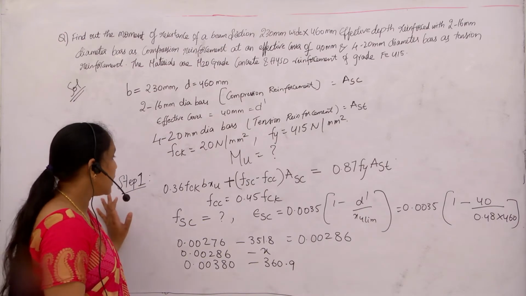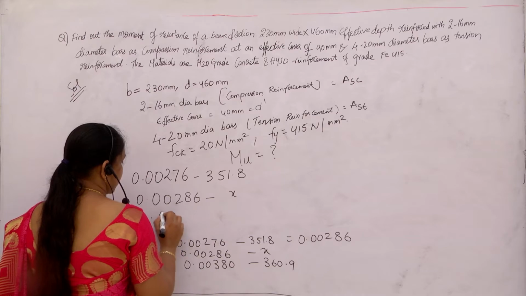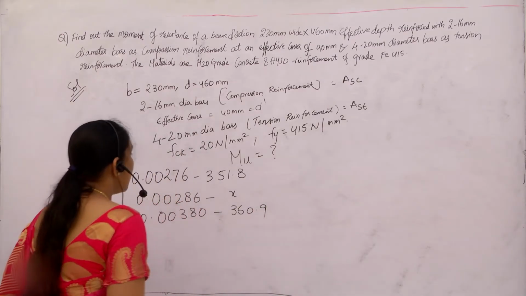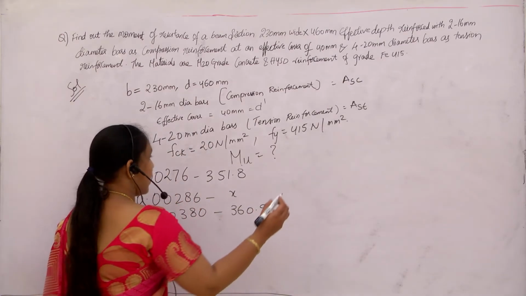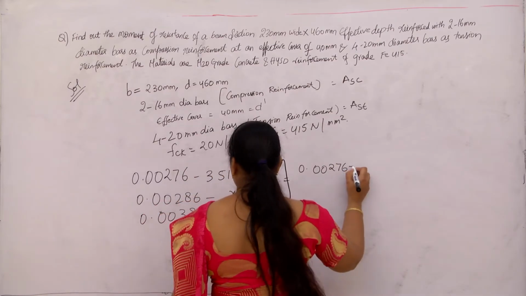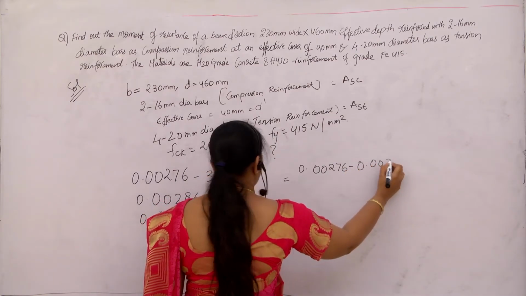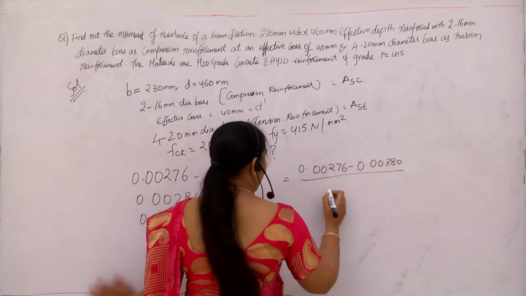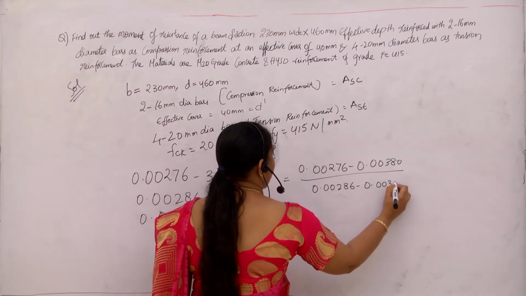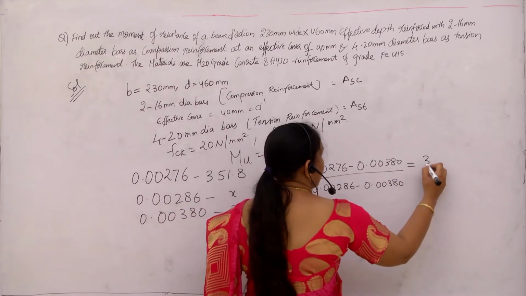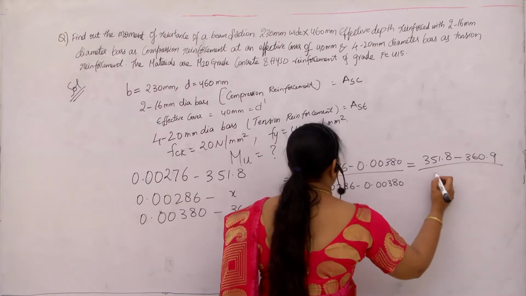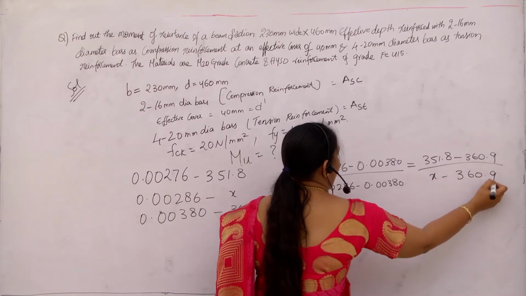So now let us do the interpolation. It will be 0.00276 minus 0.00380 divided by 0.00286 minus 0.00380 equal to 351.8 minus 360.9 divided by x minus 360.9.